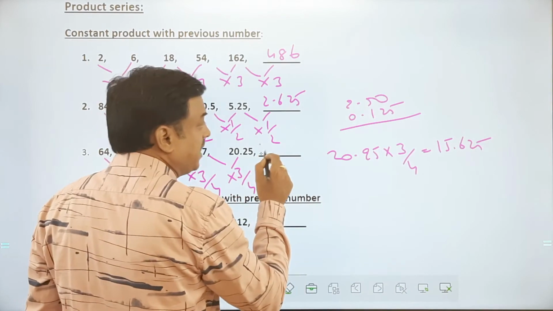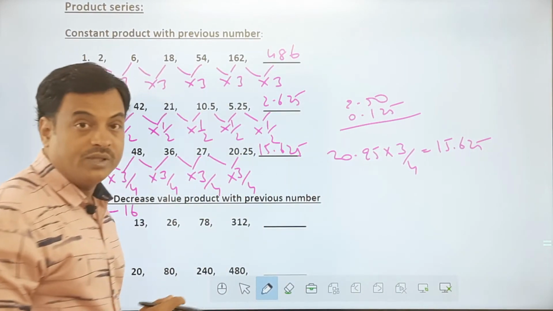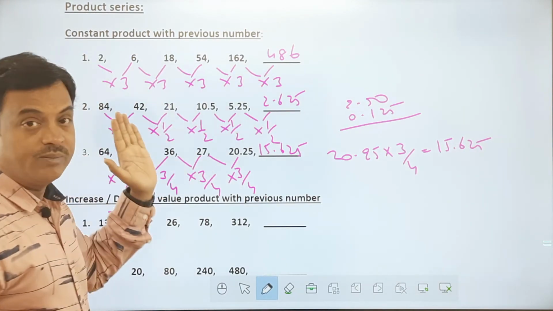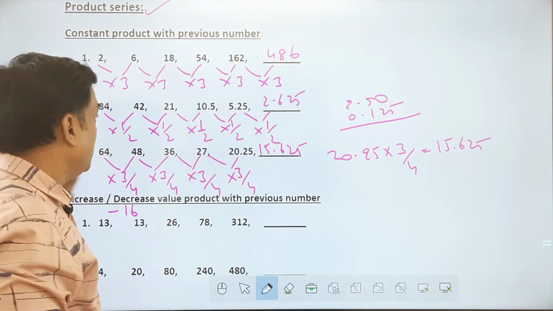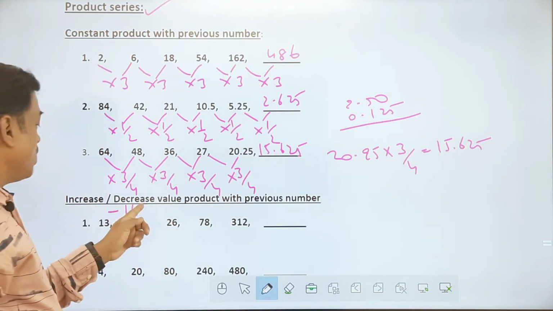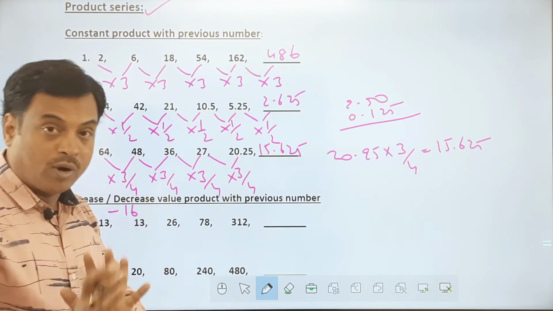So my number will be something like 15.1875, 3/4 of the number. So here you see a constant multiplication, constant product. You see product series it is. So constant value is multiplied, constant value is multiplied, constant value is multiplied. Now again, increase or decrease value. So here may not be the constant, but the product series it is.